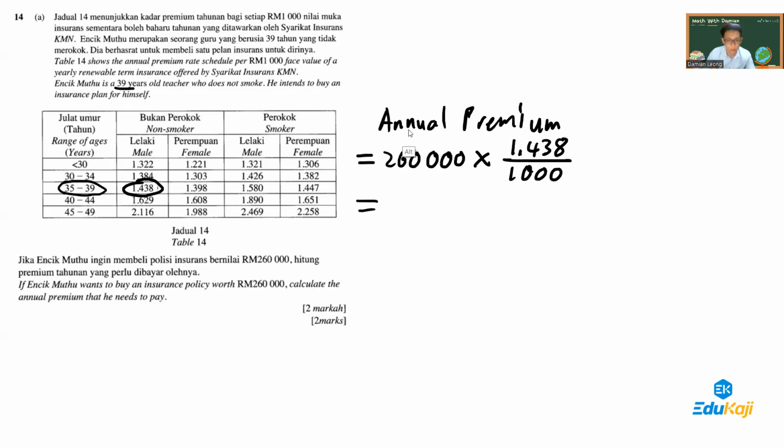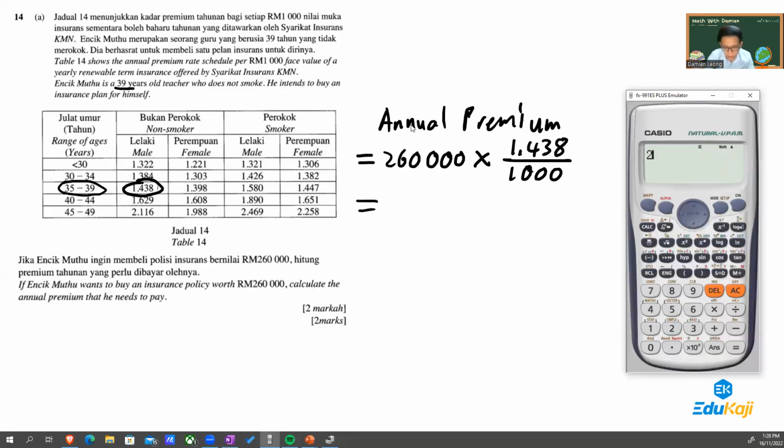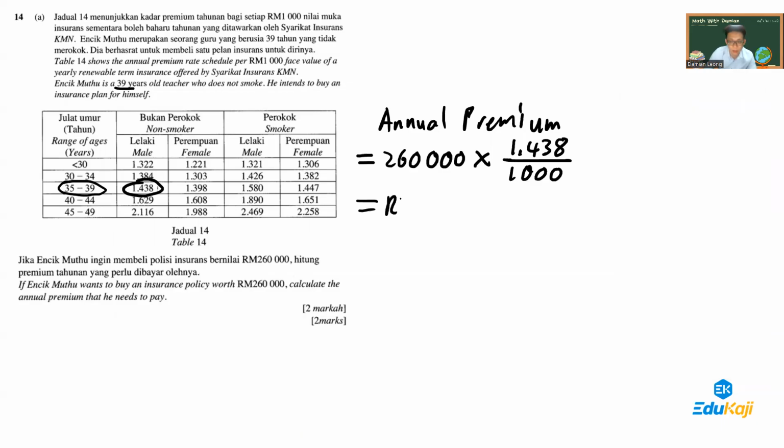So 260,000 times 1.438 over 1,000, which I'll get 373.88. 373 ringgit 88 cents. That's the annual premium that he has to pay.